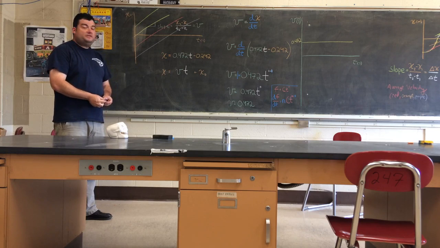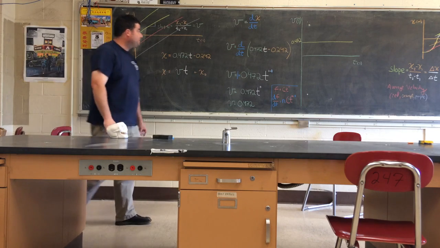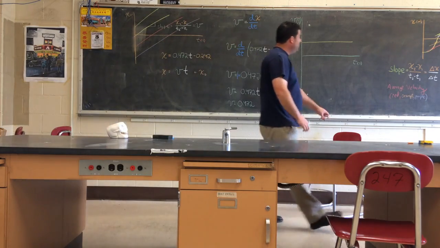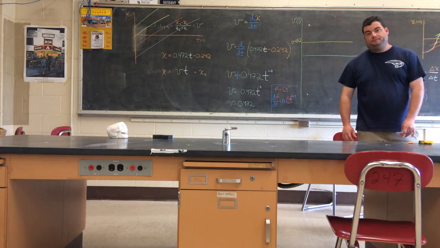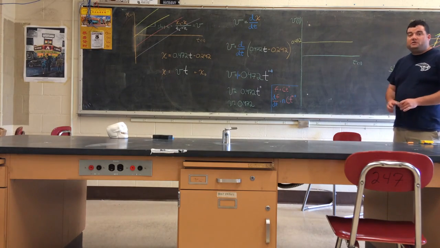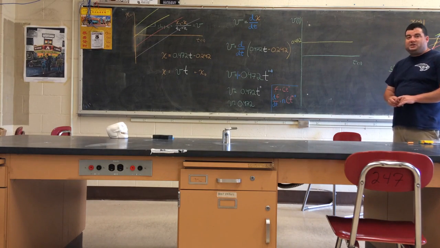So the next thing we're going to talk about is the opposite of a derivative, which is something called an integral. And what you do with an integral is you actually end up taking areas under the curve.